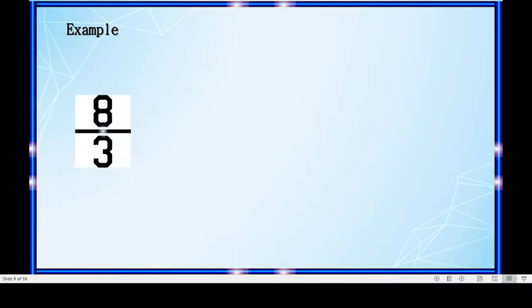Again, the numerator is greater than the denominator. When we say greater, it means bigger. For example, 8 over 3 or 8 thirds.